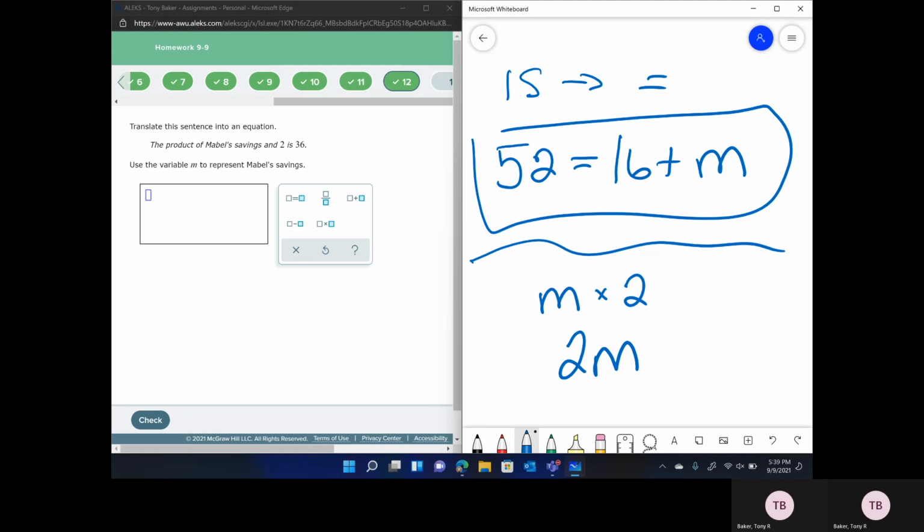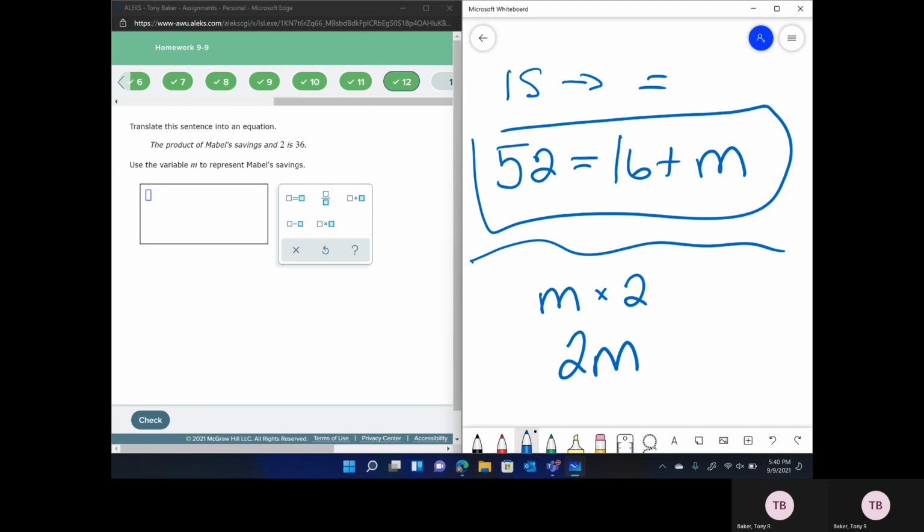Never use an x for multiplication ever, ever, ever again. You know why? Because it looks like a variable. And you don't even actually really want to use the dot for multiplication in algebra, because the dot looks like a decimal point, which will also screw you up. So if it's a number and a letter, just put them next to each other. 2m is universally known as multiplication.